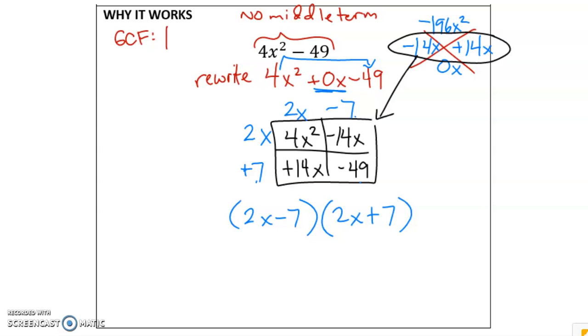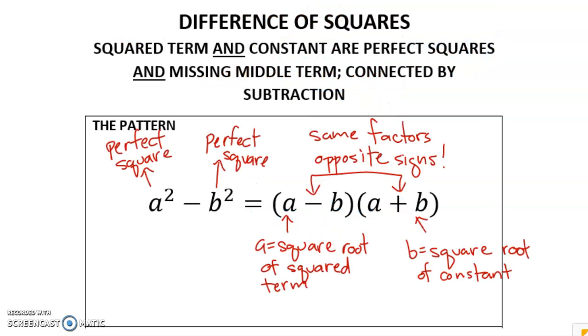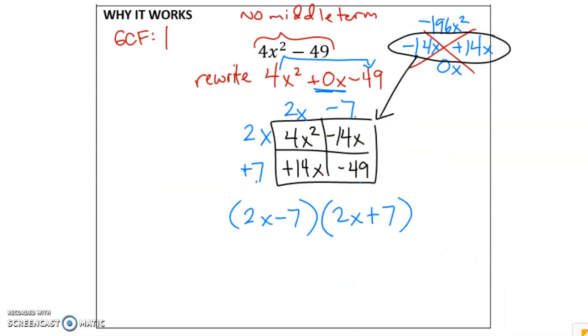Mathematicians are all about finding patterns, what works over and over again, so I don't have to keep reinventing it, right? Look at what we said when we broke this down. Square root of the squared term was a, square root of the constant was b. So this is the square root of the squared term.